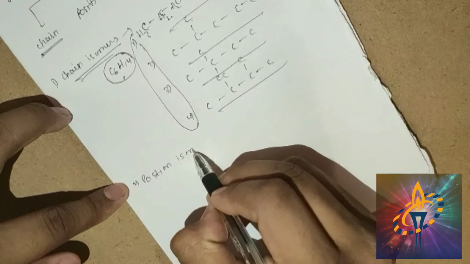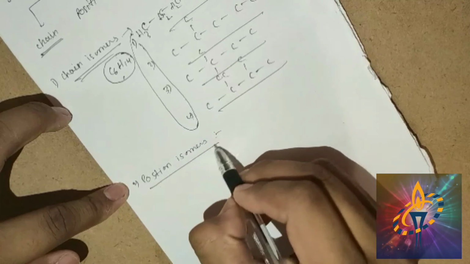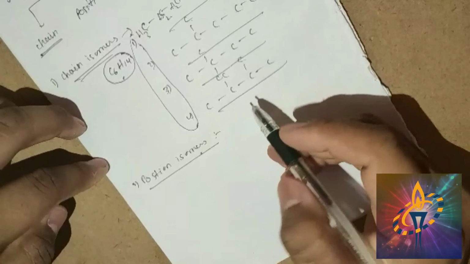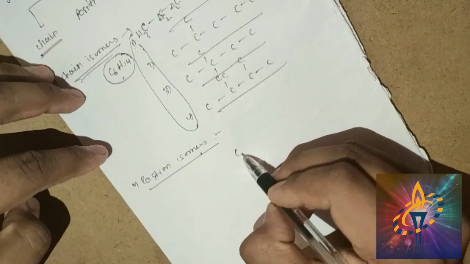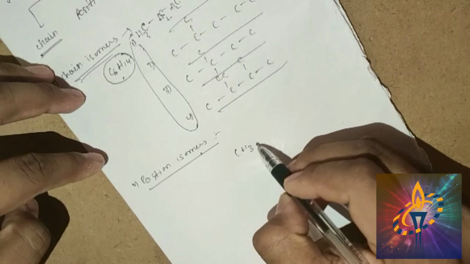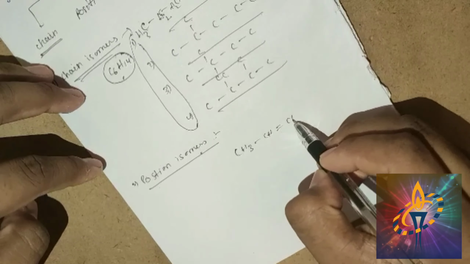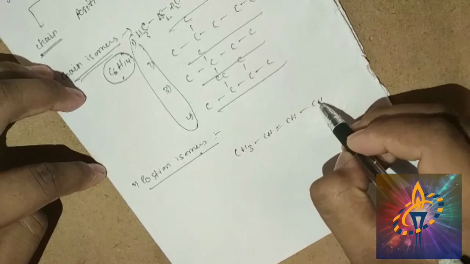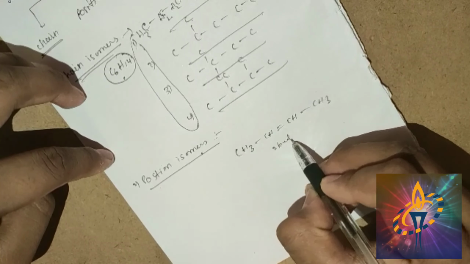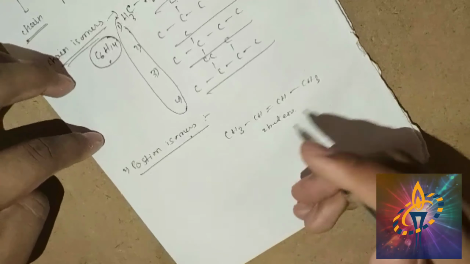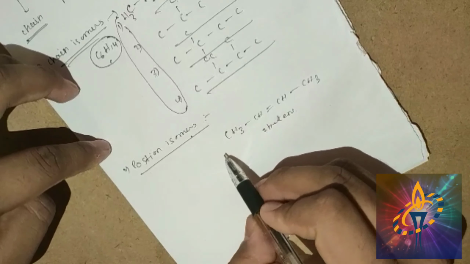Position isomers. Position isomers are meant as, we have learnt yesterday about double bond, triple bond, right? In that, see, if you have written like this, this is called 2-butene, right? Then what about its position isomer?